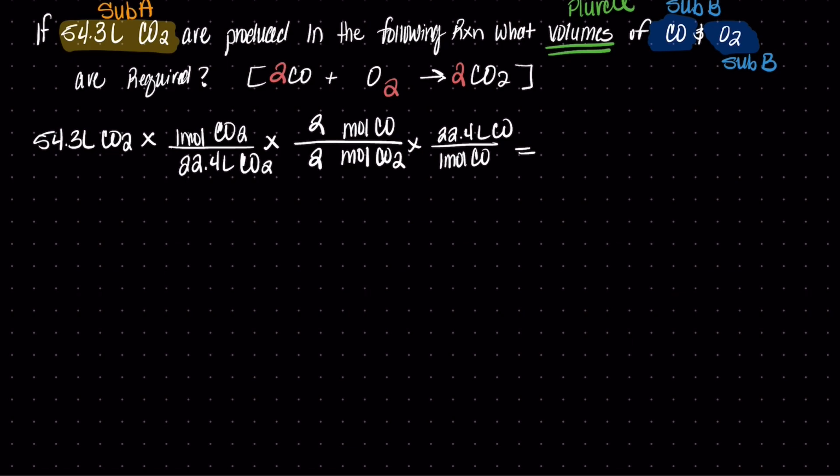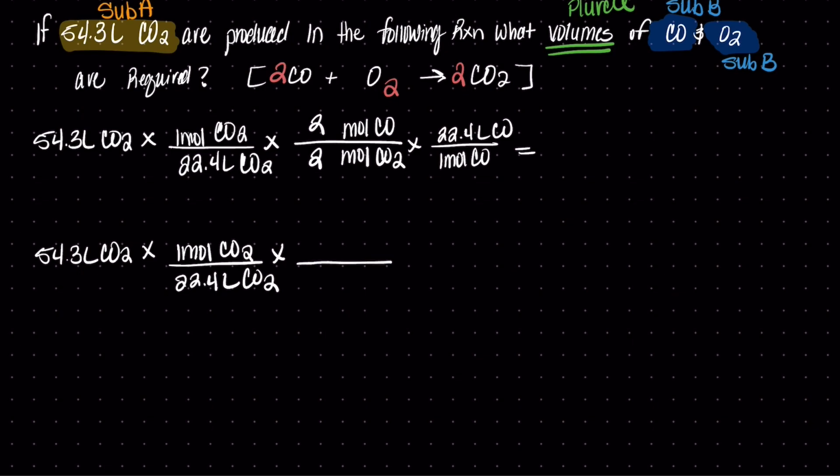So we're coming from the same spot, 54.3 liters of CO2 times 1 mole of CO2 over 22.4 liters of CO2. That gets me from liters of A into moles of A so I can then slide into my molar bridge, coming from moles of carbon dioxide to moles of oxygen gas.